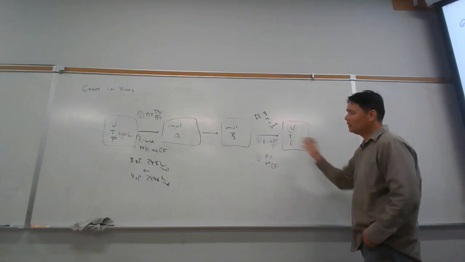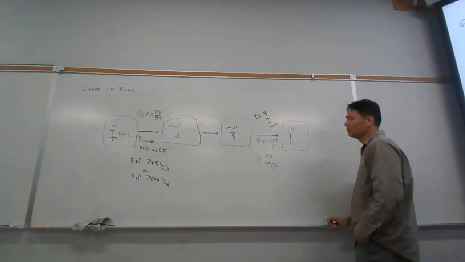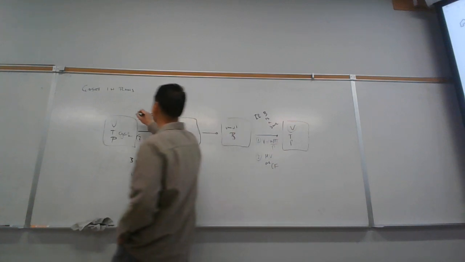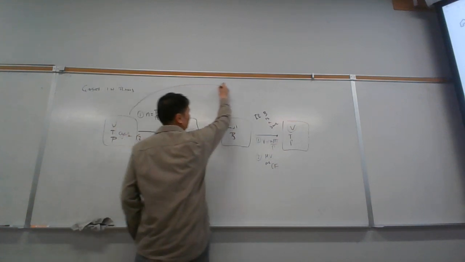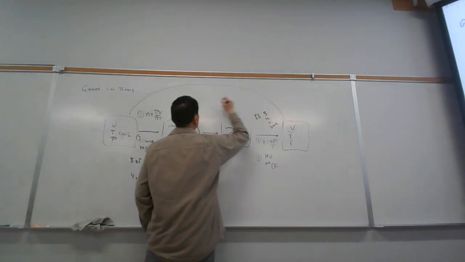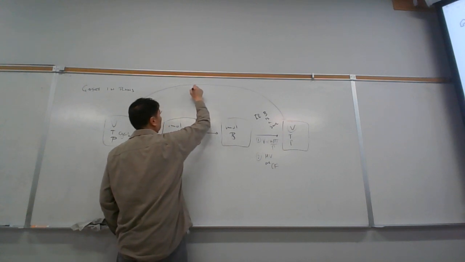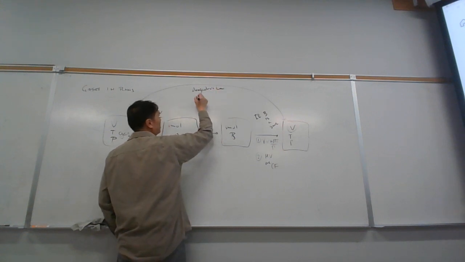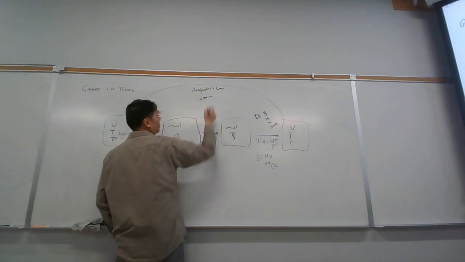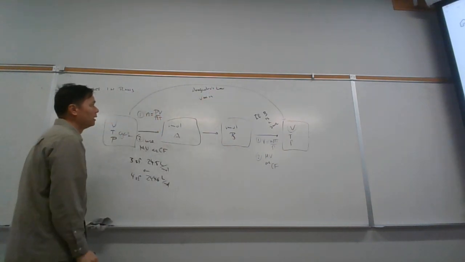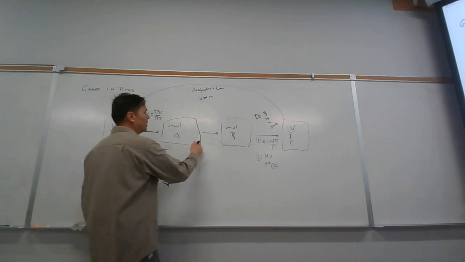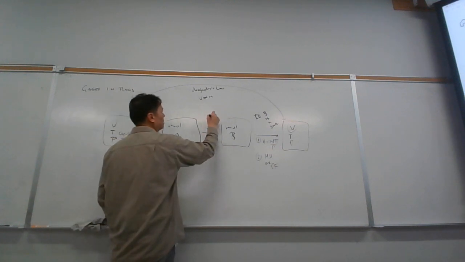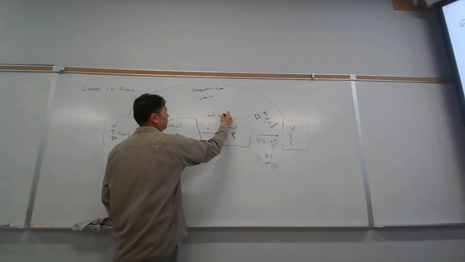But if A and B are gases, there's a simpler way of doing it. We could use Avogadro's law. Avogadro's law just says that the volume is directly proportional to the number of moles. And so instead of having a mole ratio here, we have a volume ratio.